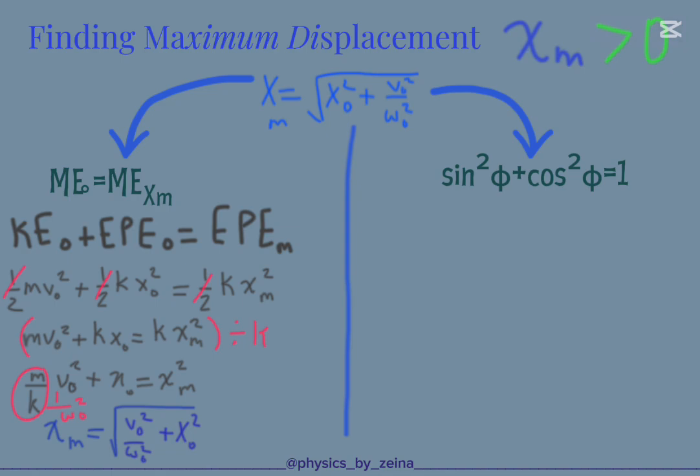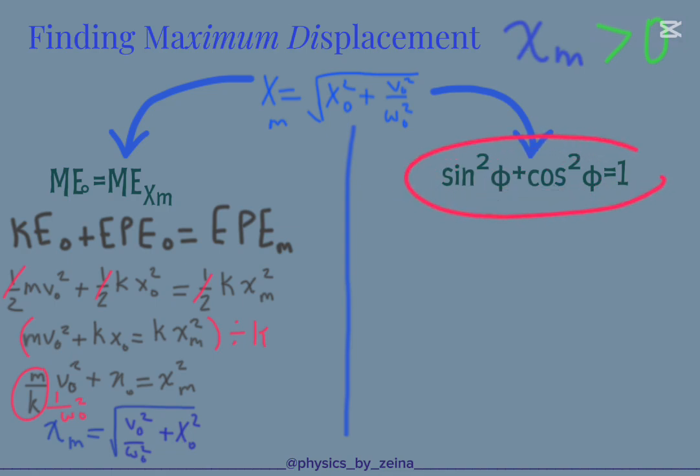So we can deduce that x maximum is equal to the square root of x0 squared plus v0 squared over omega 0 squared. Keep in mind that x0 and v0 are always given. These are the initial conditions.